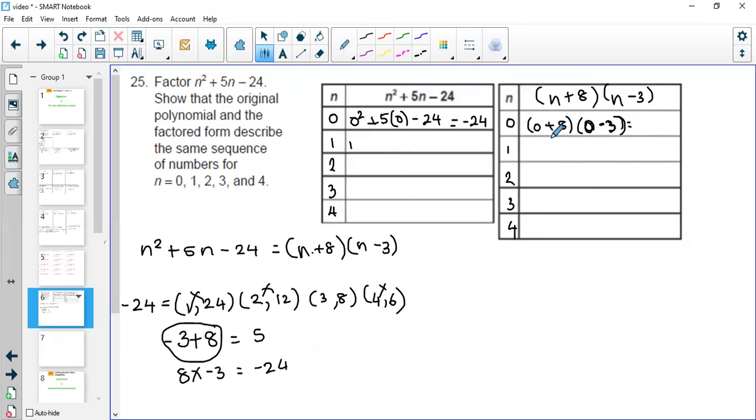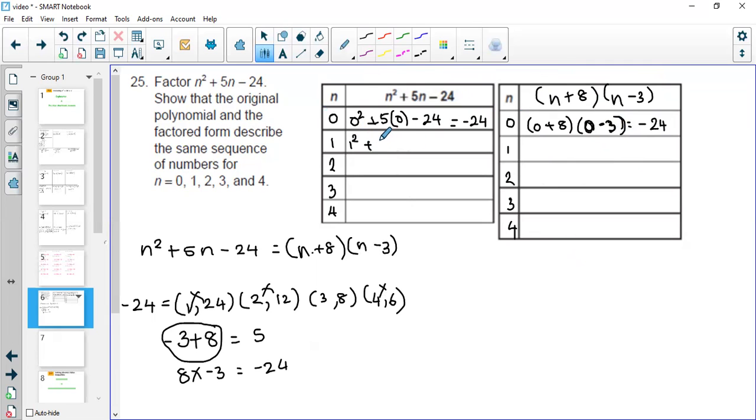So 0 plus 8 is 8, and 0 minus 3 is negative 3. So 8 multiplied by negative 3 is negative 24 as well, which means even after factorizing, the answer is the same. Even without factorizing the trinomial, the answer is going to be the same.